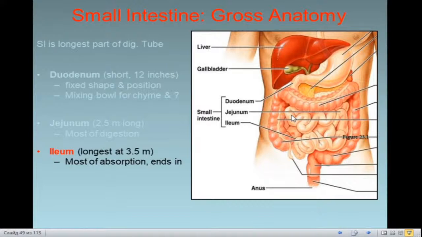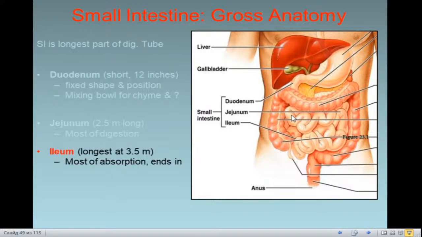Firstly, the villi, I will name just a few of them. The villi in jejunum are longer and more dense, while in ileum they are shorter and more loose. Then the color in jejunum is more pinkish, while the color of ileum is pink-grayish. Jejunum is shorter, while ileum is longer.